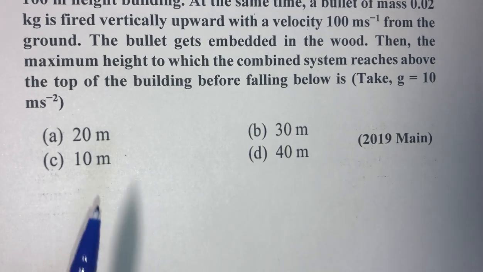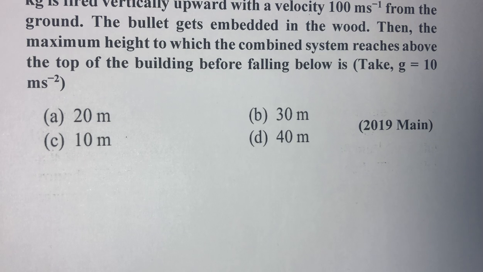Then the maximum height to which the combined system reaches above the top of the building before falling below is, taking g as 10, so we have these four options and we are going to find out the height above the building before it comes back or falls towards the ground.